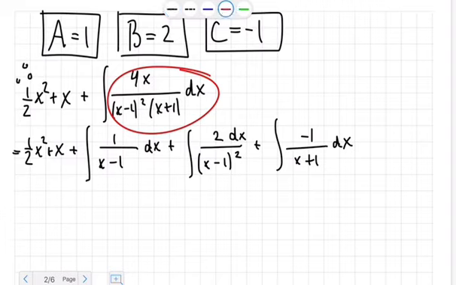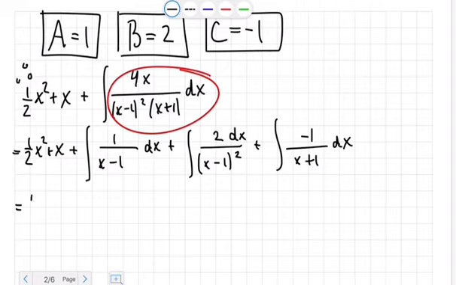And so each of these now should be fairly straightforward to integrate. This first one and the last one here, those are just going to be, both of them, logarithms. Those are the same sort of thing we saw in case 1. And this one right here is just going to require a simple substitution. So let's take a look.